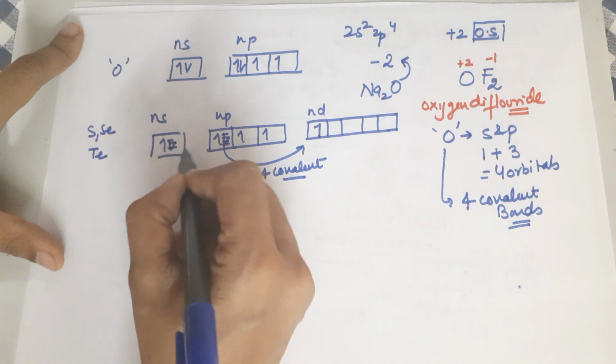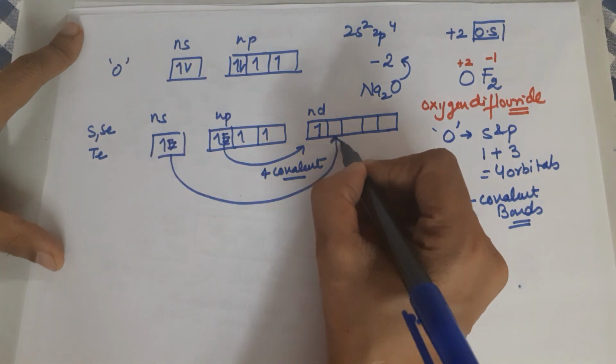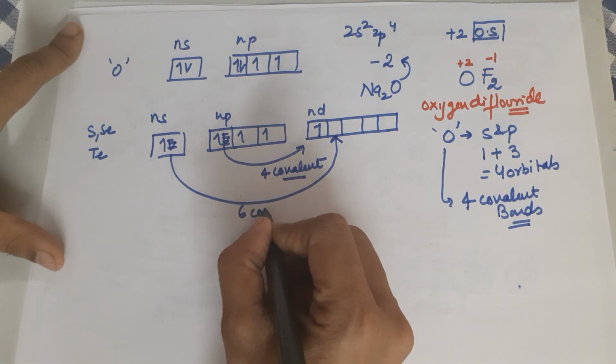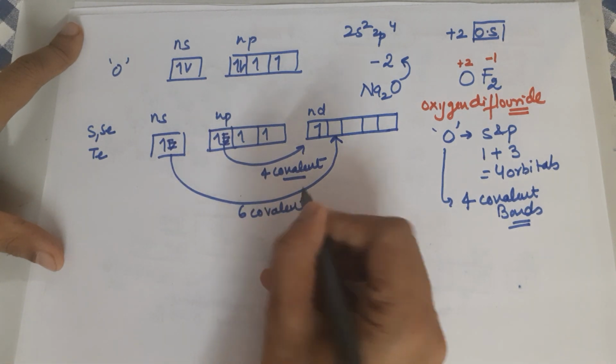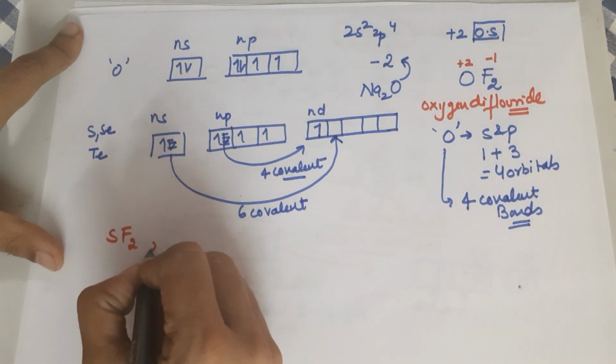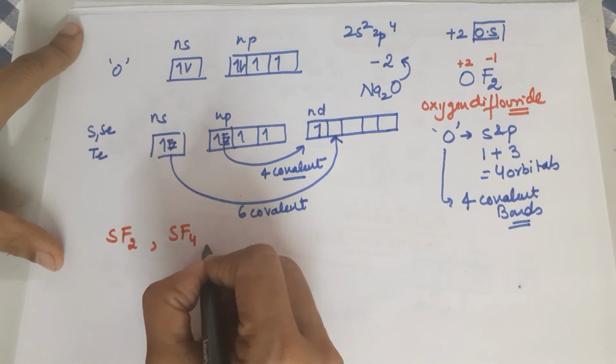Now if another electron gets unpaired and moves there, you would have 6 half-filled orbitals, so it can form 6 covalent bonds. Therefore, compounds of sulfur are of the type SF2, and you have SF4 also.